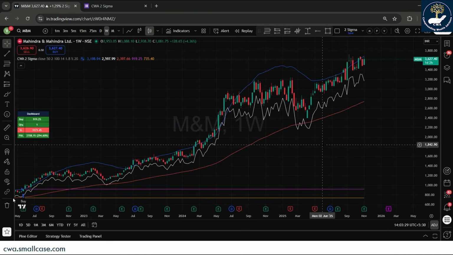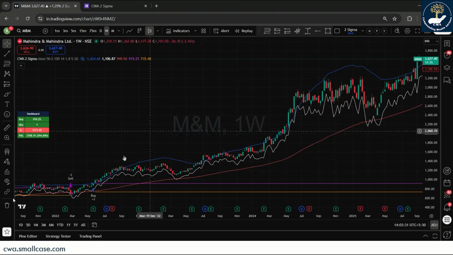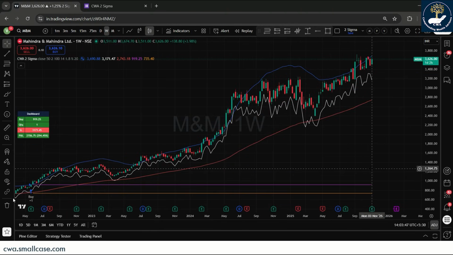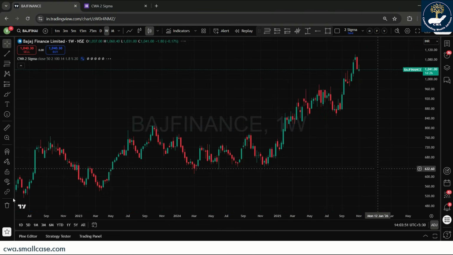Another example can be Mahindra and Mahindra. Here again, the buy signal was generated on 23rd of May 2022, where the close was 919 and the upper Bollinger Band was 918. This stock also has not gone below the initial stop loss, ATR or weekly EMA.